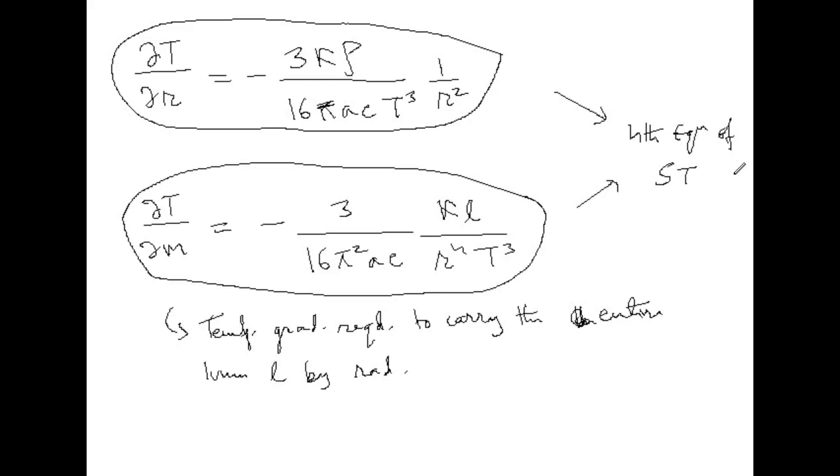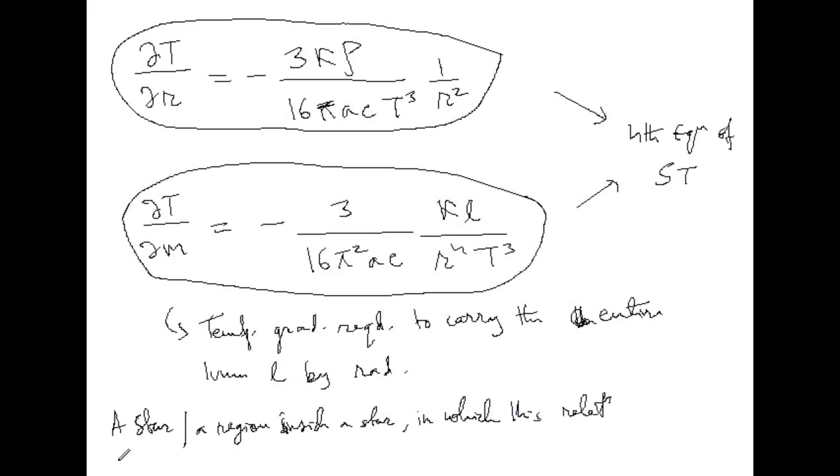Now a star, or a region inside a star, in which this relation holds is said to be in radiative equilibrium, or simply radiative.